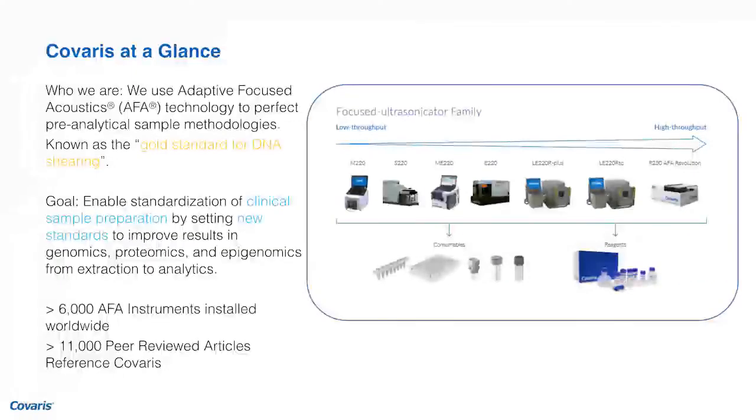Let's start with a brief introduction to Covaris technology. Covaris provides tools and technologies to improve the pre-analytical sample preparation. 22 years ago, we developed a technology called AFA, Adaptive Focused Acoustics, that can be used for multiple applications.